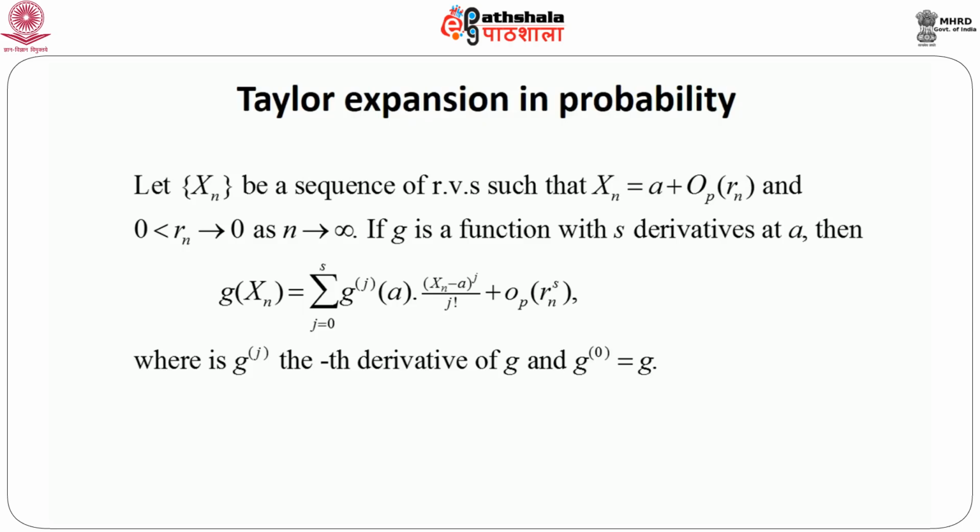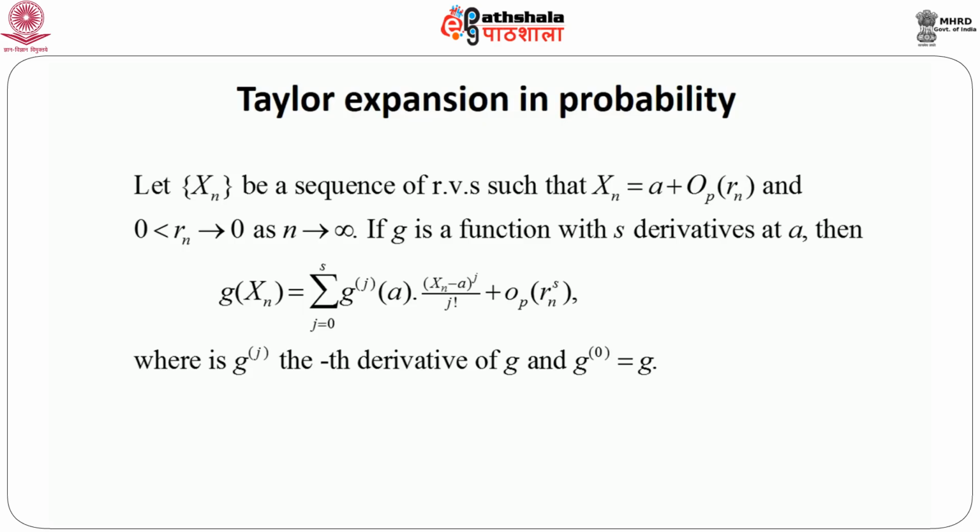If g is a function having derivatives up to order s at a, then by Taylor expansion in probability we can write g of Xn equals the summation j equals 0 to s of the jth derivative of g at a, times Xn minus a to the power j, divided by j factorial, plus small o p of Rn to the power s, where g0 equals g.